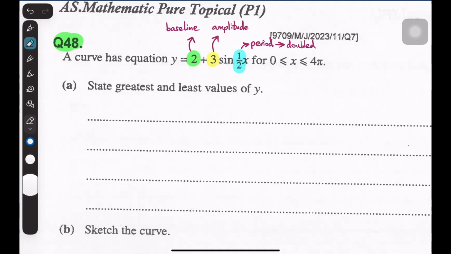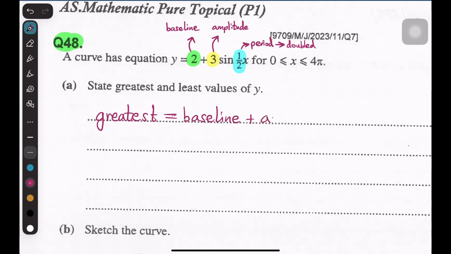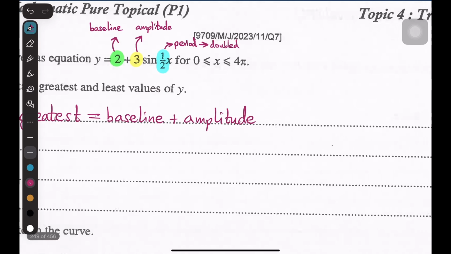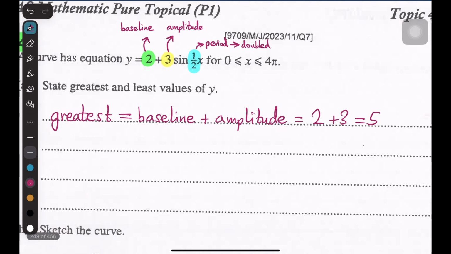So that's what we'll do over here. For the greatest value, we'll take the baseline and add the amplitude. So we have the baseline as 2 plus the amplitude as 3, so this is 5.